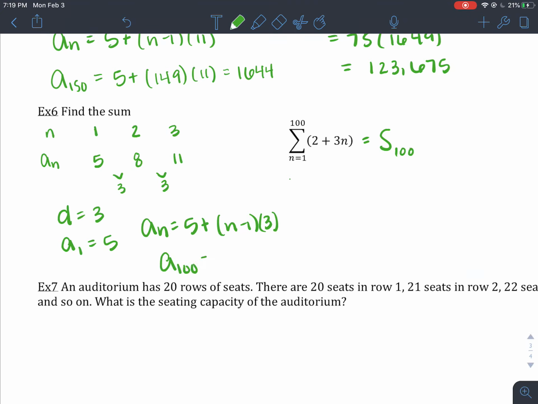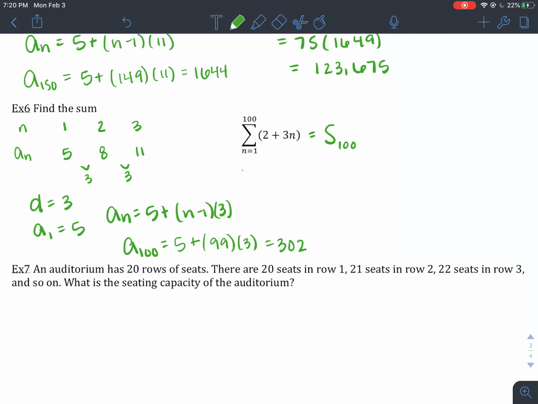So using that, we can get our 100th term, and we could have actually gotten our 100th term from here, but we do want to practice and get good at rewriting this in our a sub n format. This is 5 plus 100 minus 1, which is 99, times 3, or 302.